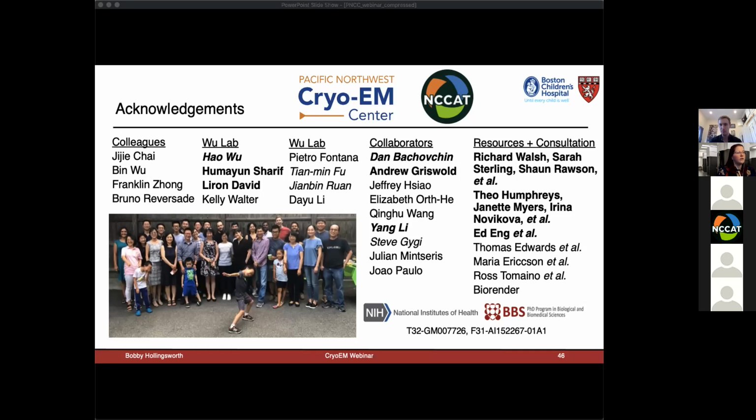And then how big was the DPP9 NLRP1 complex in kilodaltons? So the resolved portion of the protein was about 260 kilodaltons. If we include all the domains that averaged out, it was somewhere in the 420 kilodalton range, I believe, or even larger, like 520.